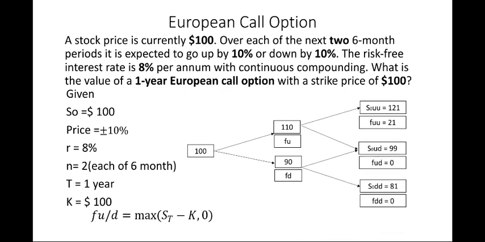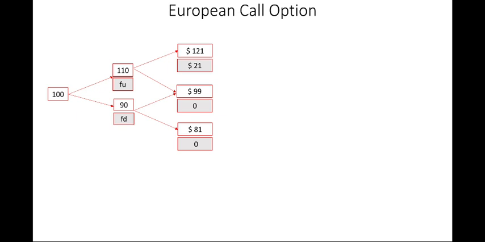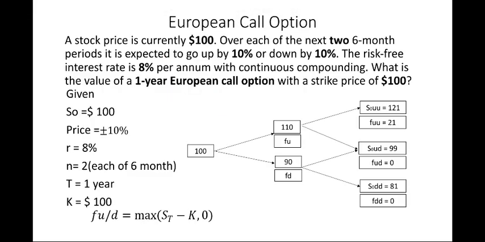Now from 110, an additional 10% increase would mean the price will increase from 110 to 121, and a decrease by 10% means 110 to 99. Similarly 90 to 99 and 90 to 81.